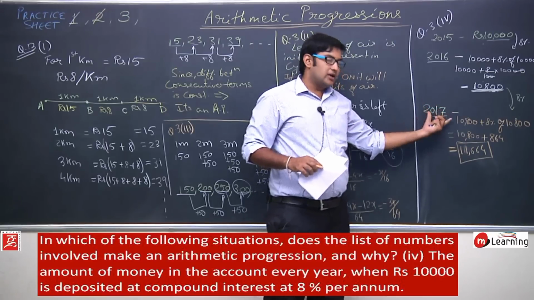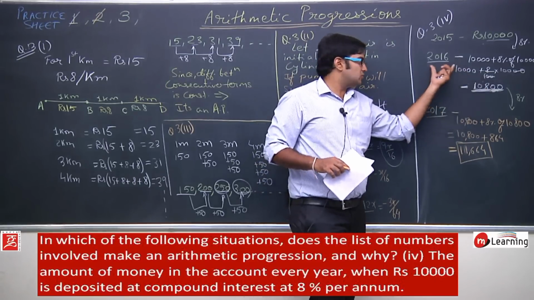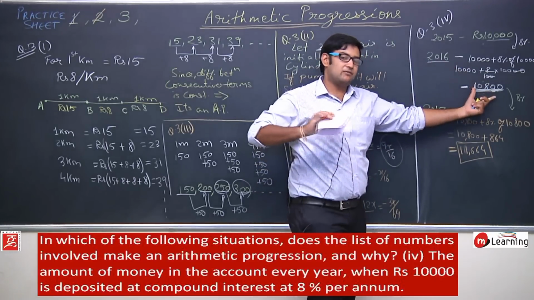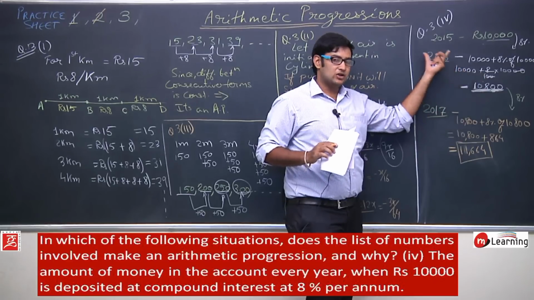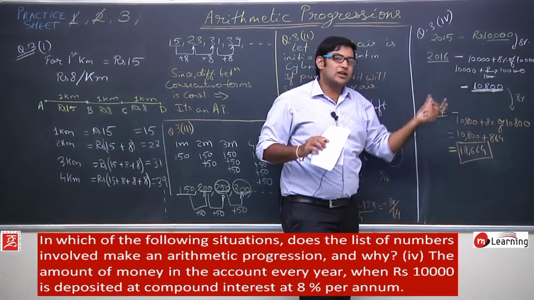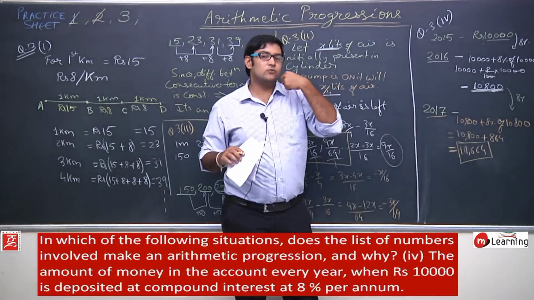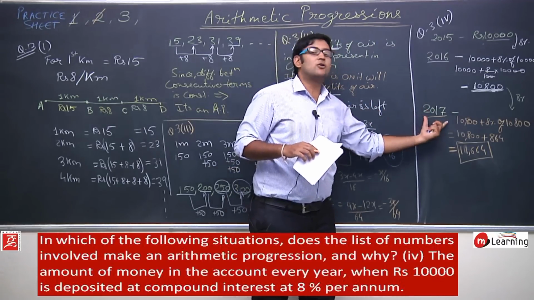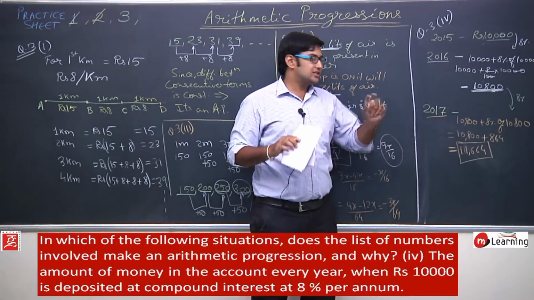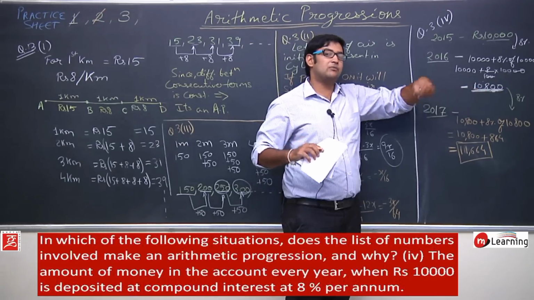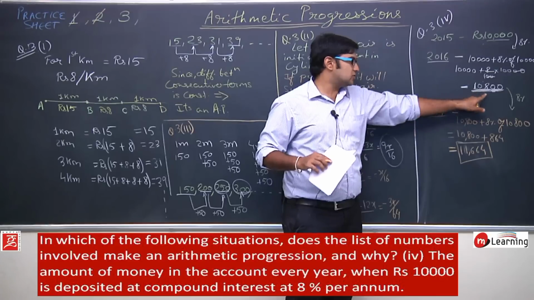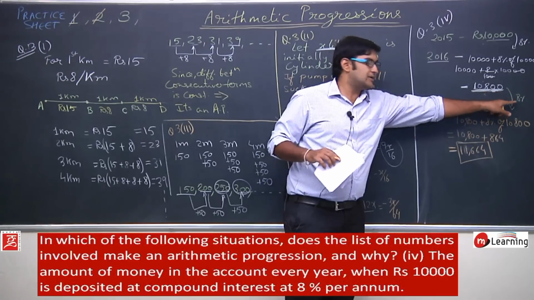After that, I kept this money in 2016. I checked that I have 10,800 rupees in my account in 2016. Then I kept this amount for 1 more year, that is for 2017. So the bank will pay me interest on this amount, and how much interest? 8%.